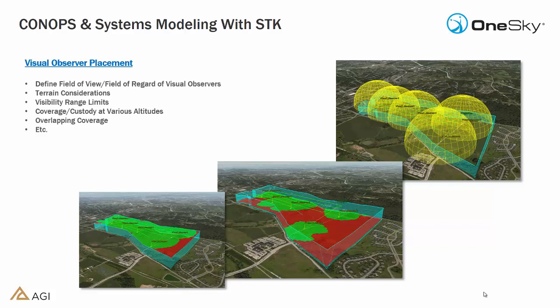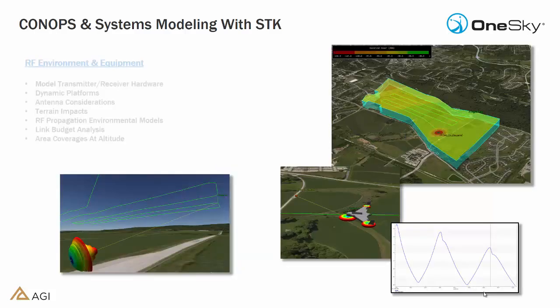And understanding the coverage or the custody throughout the mission at various altitudes, right? What each visual observer can see, assuming 50 feet in altitude versus 200 or 400 feet above ground level. Those are going to look a little bit different. So understanding the coverage at various altitudes is something that you can extract directly out of the tool.